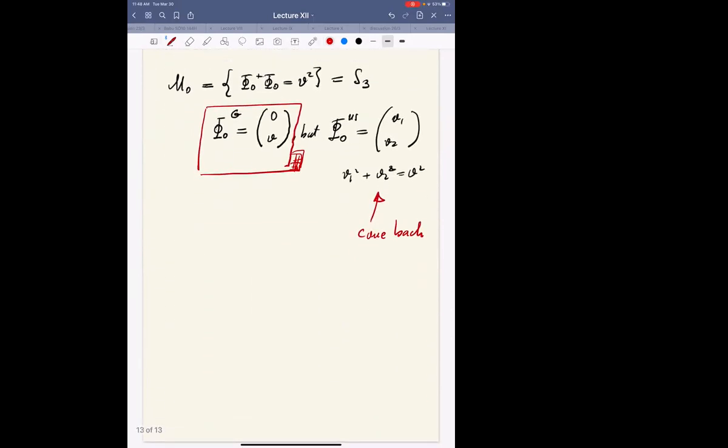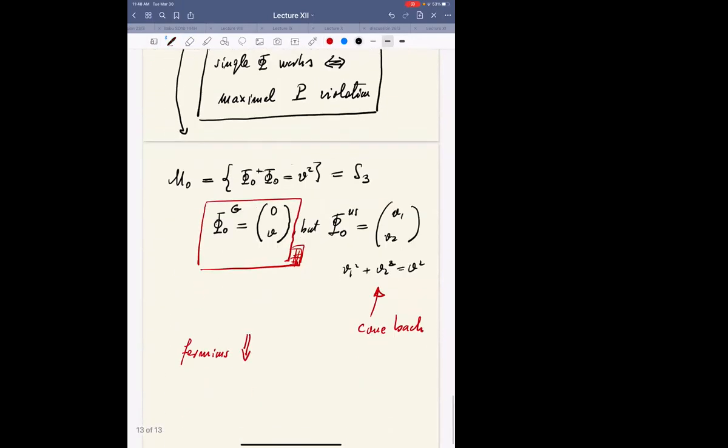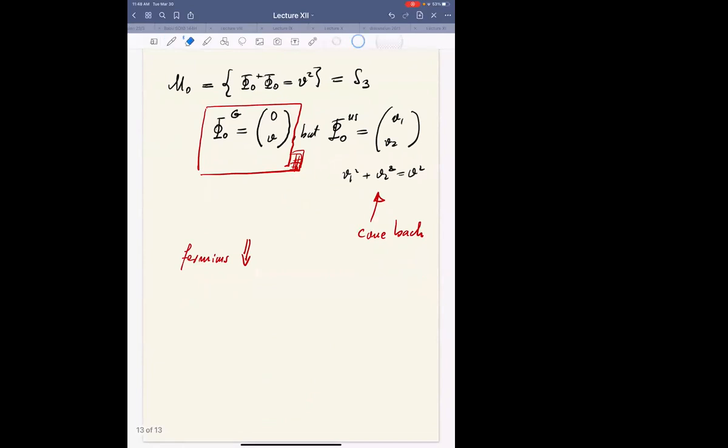Okay, so let's go by order. Look what we get. Then let's do first the fermions. Look what happens. From here, I can go to the phi field in the unitary gauge.